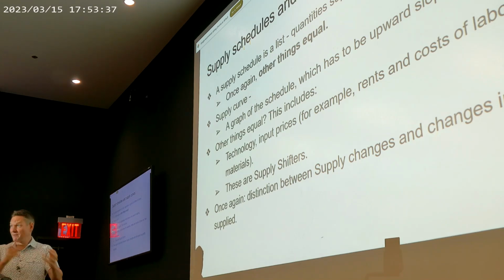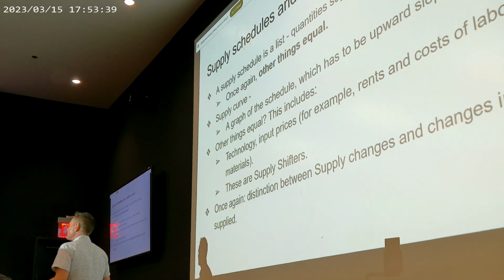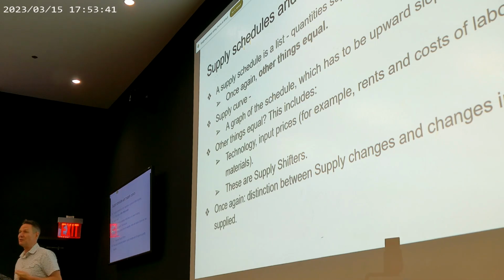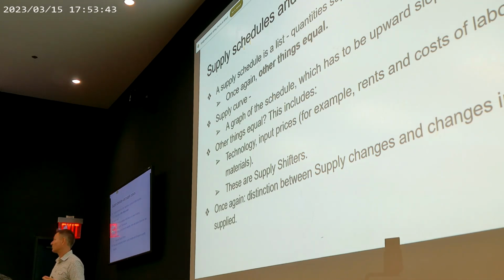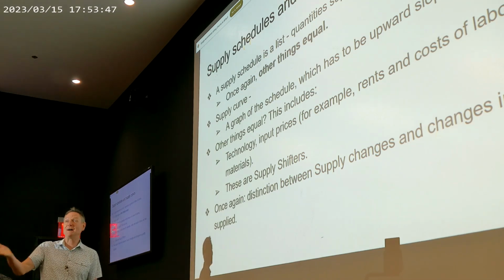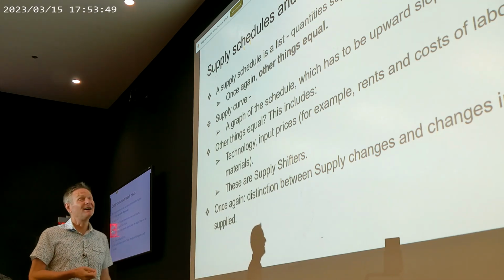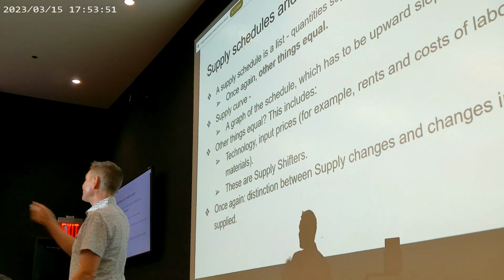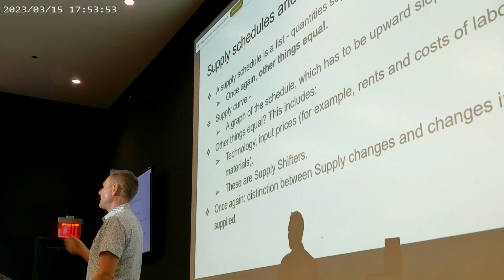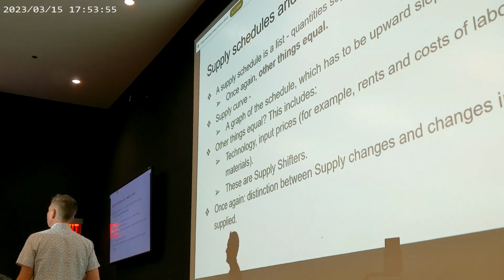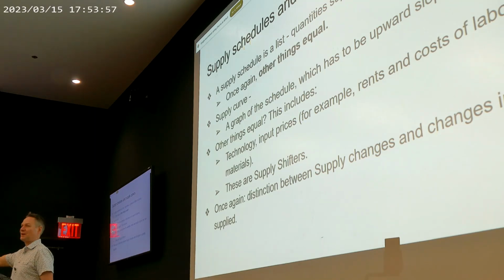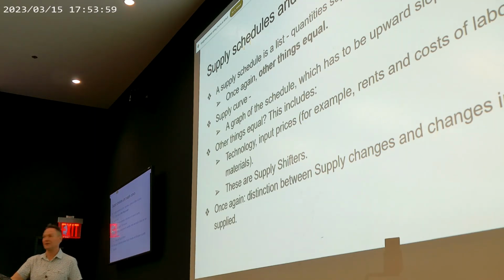Supply is going to be kind of the other side of the coin, right? So instead of asking a consumer how much would you buy at particular prices, we ask a firm, a business, a supplier of something, the same questions. If the price was this, how much of that product would you bring to market? If the price was instead this, how much of that product would you bring to market, right?